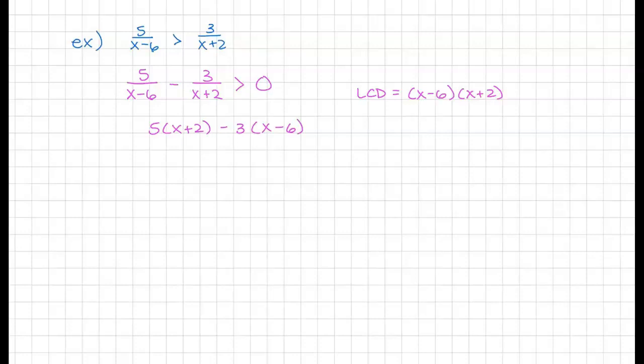And I was writing it this way because the next step would be to put them over the same denominator. So I'm just going to go ahead and write that right away. So now I've got that. And then what I have to do is just combine like terms in that numerator. So I'm going to go and distribute. Hopefully I'm not making any silly mistakes. Okay.